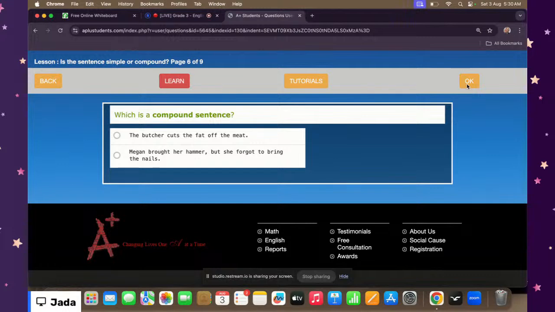Mega brought her hammer, but she forgot to bring the nails. What's the right one here? Okay, two.